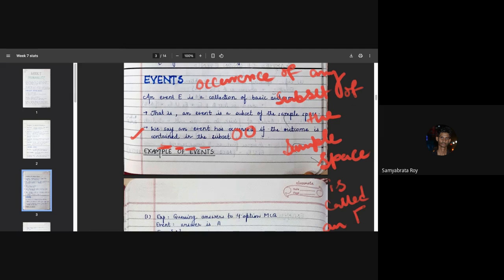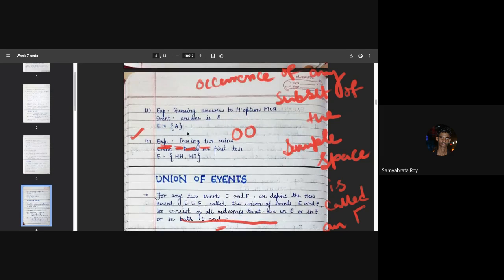Example of an event: guessing the answer to a 4-option MCQ, and the answer is A. This could be an event, like A is the right answer.